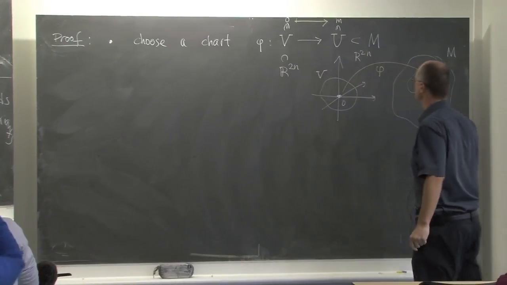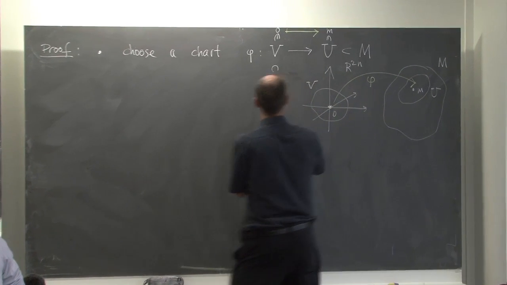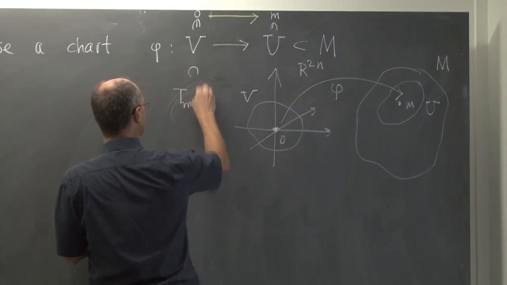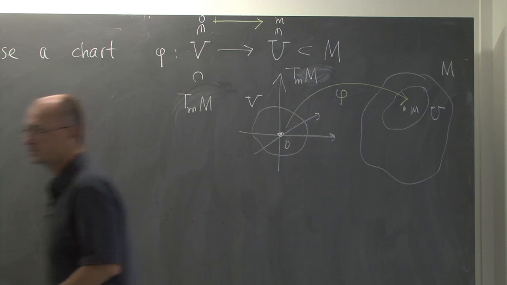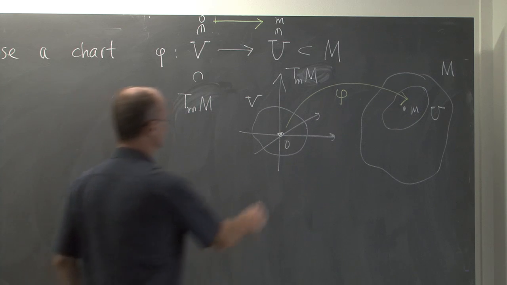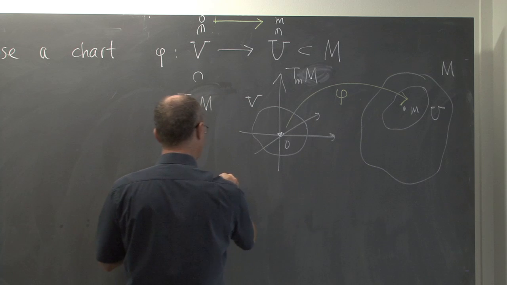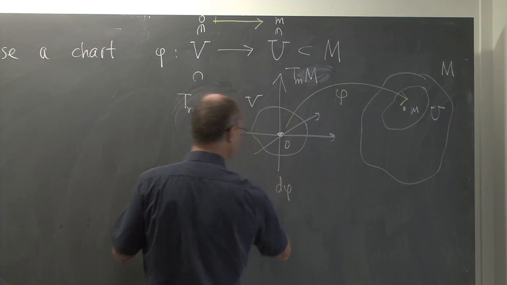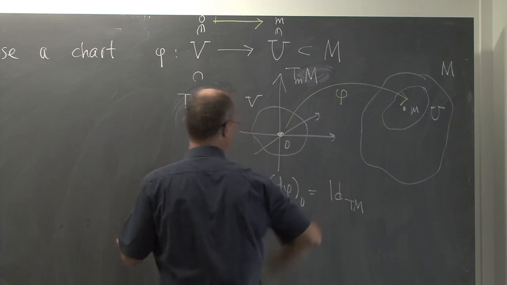Of course, a priori, this is not at all a symplectomorphism, but let me do the following. Let me declare this space to be the tangent space of M at M, and I will also declare the differential at 0 to be the identity.